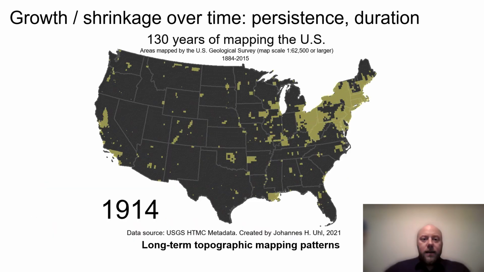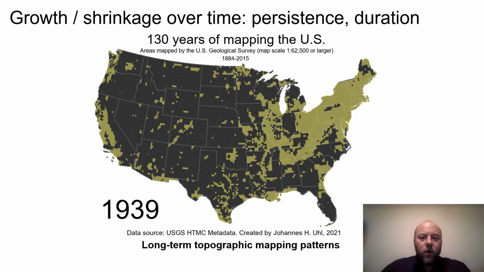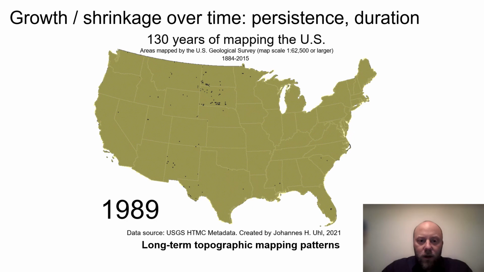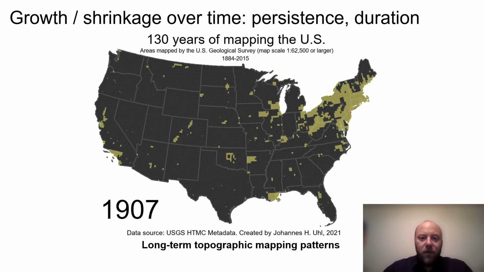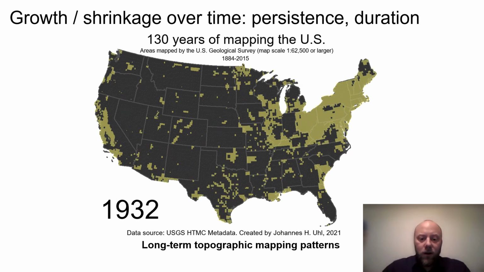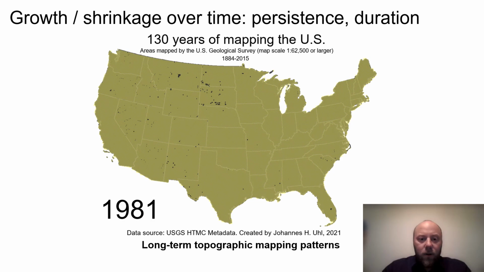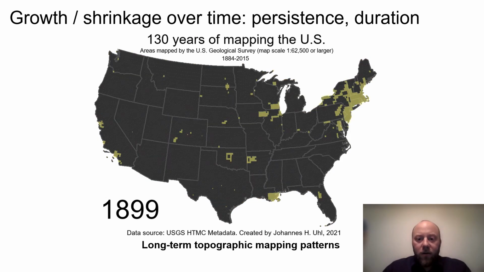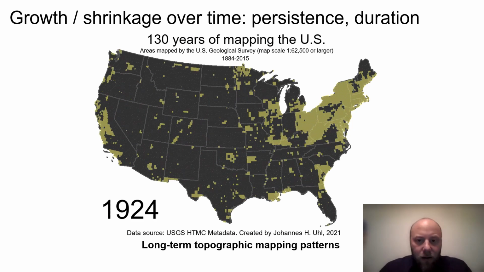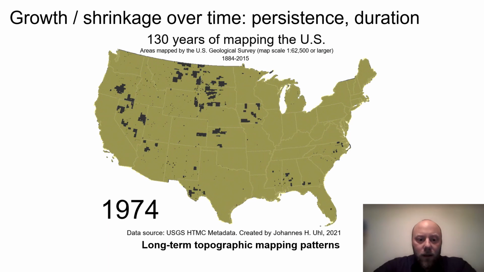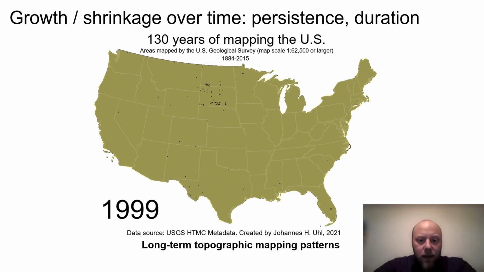And then another example of visualizing growth over time is this animation, which I did for a different project. This is derived from metadata that is available for the USGS historical topographic map collection. So it basically shows us when and where historical topographic maps were created. So it shows us how the US was mapped by the land surveyors since 1890, I guess.